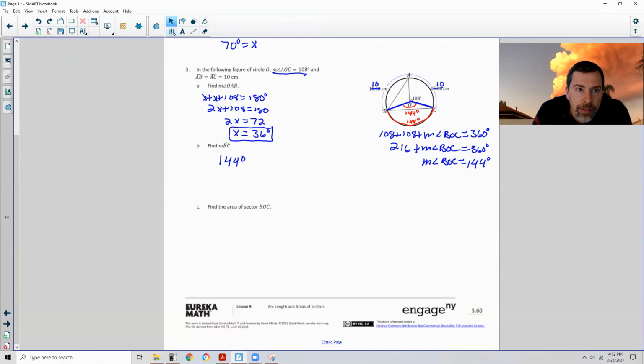The area of a sector equals 144, the central angle, divided by 360 degrees times pi r squared.